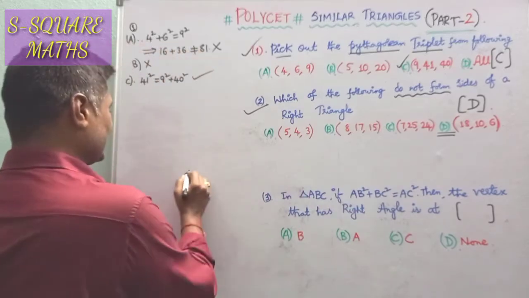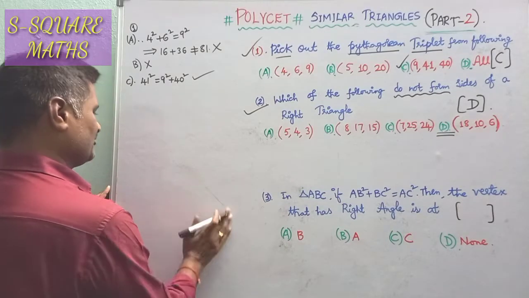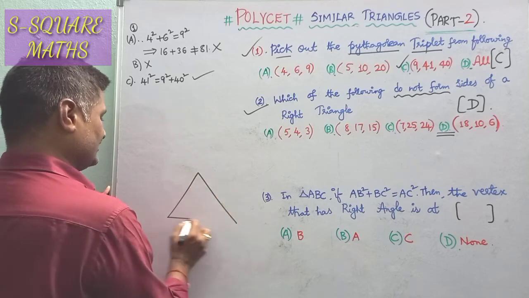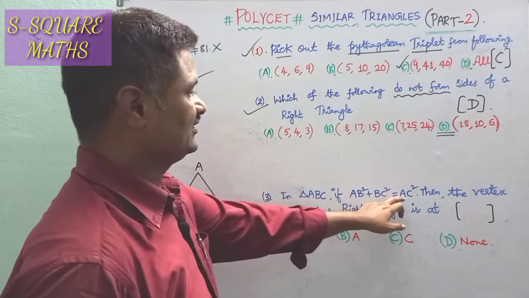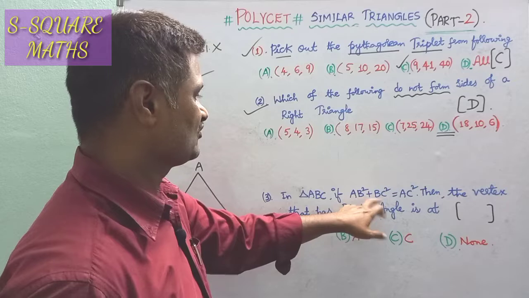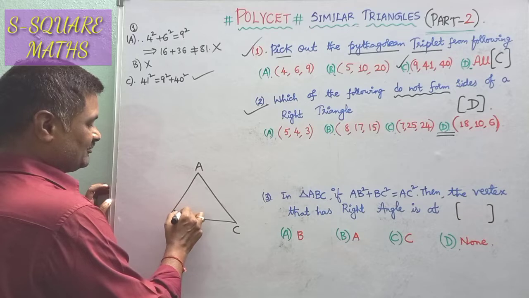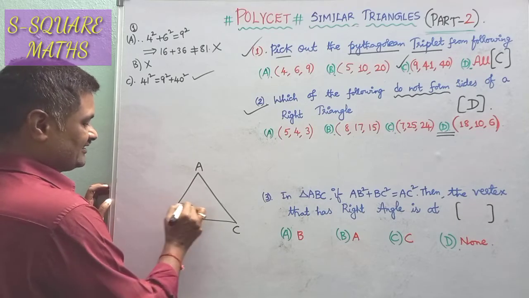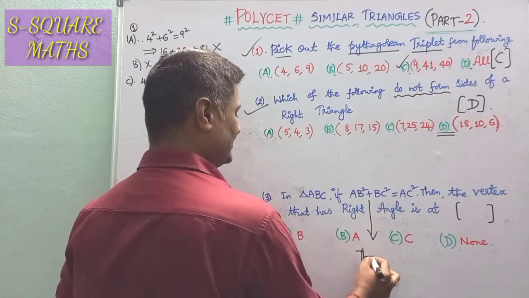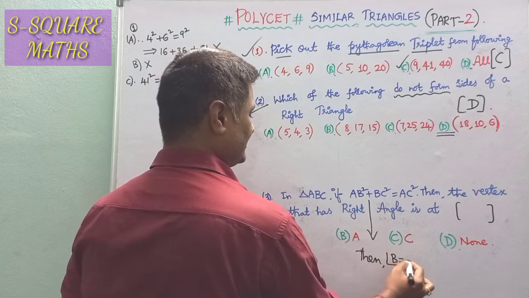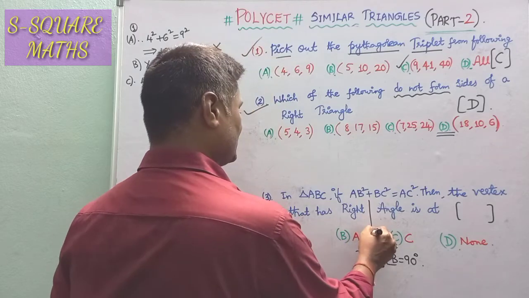Just consider some triangle A, B, C. Here AC square is equal to AB square plus BC square, no? Then angle B will be 90 degrees. So I can write here angle B is 90 degrees by the converse of Pythagorean theorem. This is the condition given.